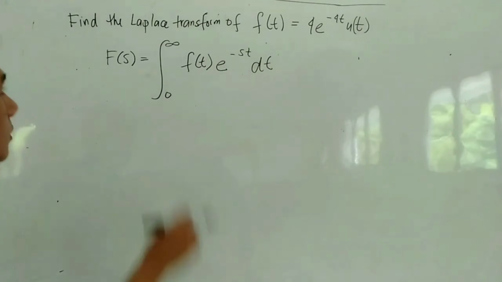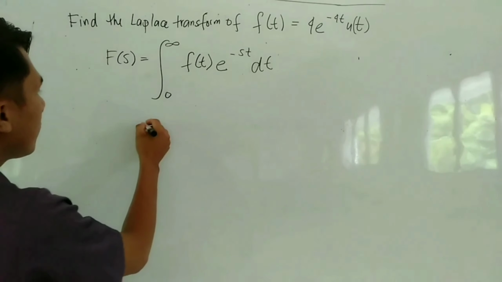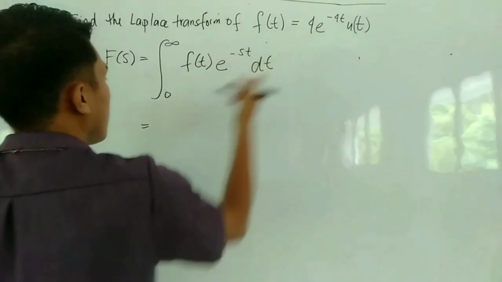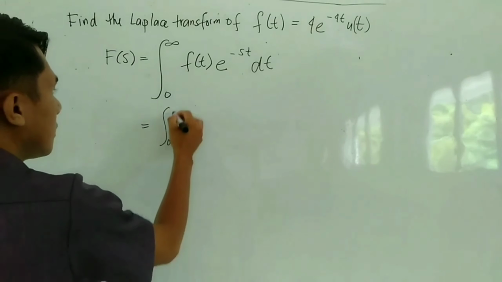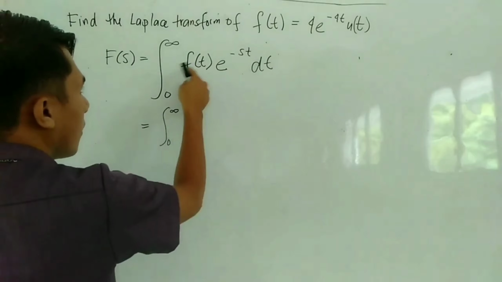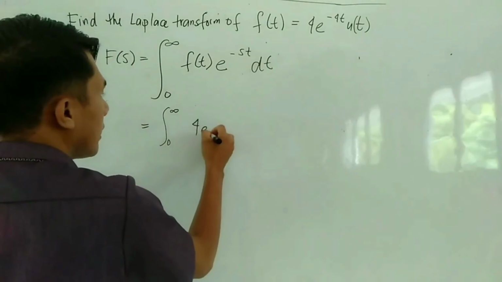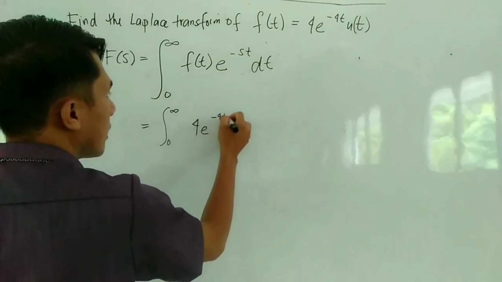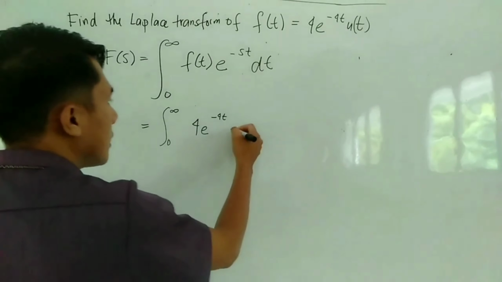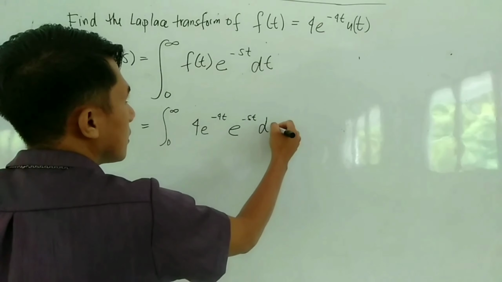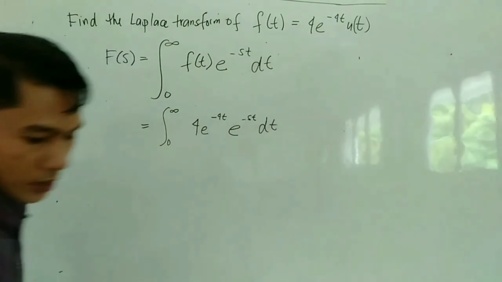Okay? For this one, we have f of t, so we have 0 to infinity, our f of t is given, 4e to the negative 4t, times e to the negative st dt.